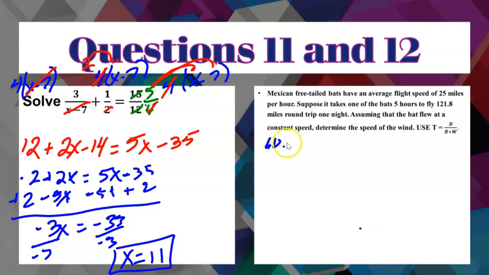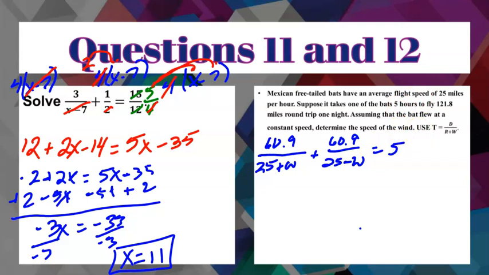So I'm going to do 60.9 divided by, the rate was 25 with the wind plus the wind. And then we're going to add to it the trip back, which was 60.9 miles. And then it's still 25 miles per hour, but it's against the wind, so that's a minus the wind speed. This is going to give us a total time of 5 hours.